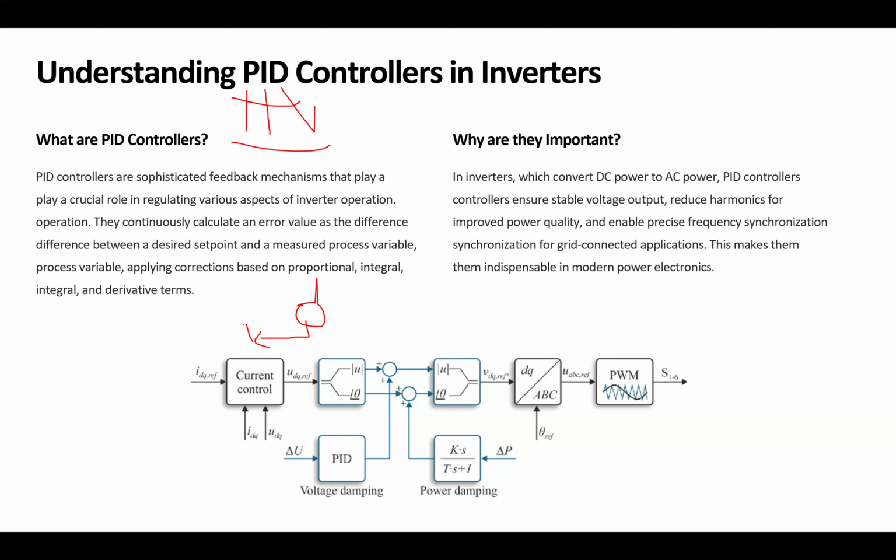So this is your input, this is minus plus, and this is going to be your system. Your system is here, G(s).